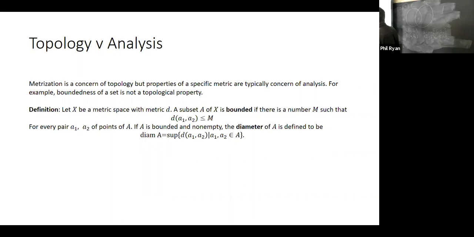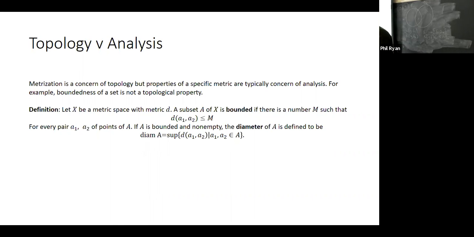And just to remind you what that means, a subset is bounded if there is a number m such that for any 2 points in our subset, the distance is less than m. Okay? And if you've got a bounded set, you can talk about its diameter as being the maximal distance between any 2 points.